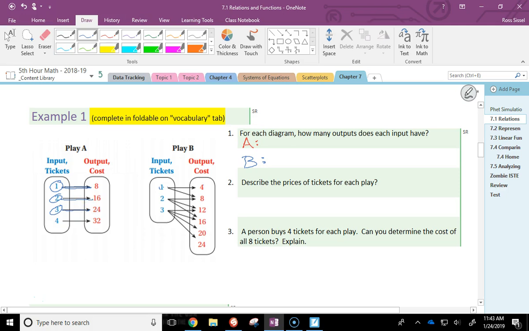So for A, we are going to say 1 output per input. So yeah, we have 1 output per every input. Go ahead and make sure you write this into your notebook or your little folder.